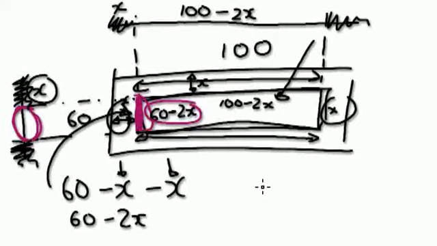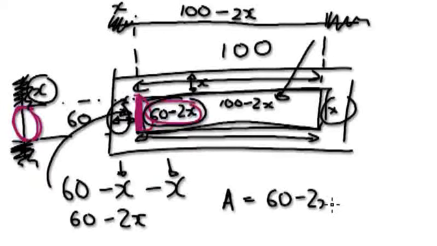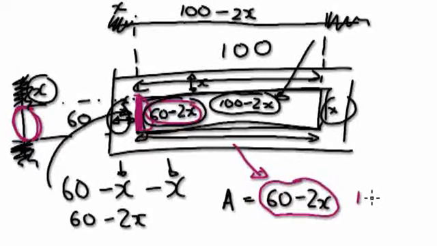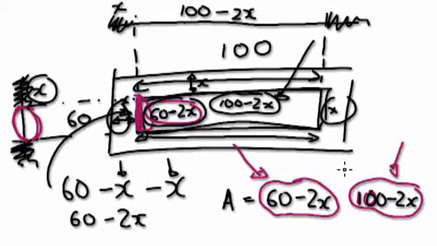Okay, so the formula for the area, let's say capital A for the area, equals whatever this length is, 60 take away 2x. Now remember, this exists in a bubble because we've got to work out this bubble first, and then we work out this bubble here, which is 100 take away 2x. Work out this bubble, and only then can you times.